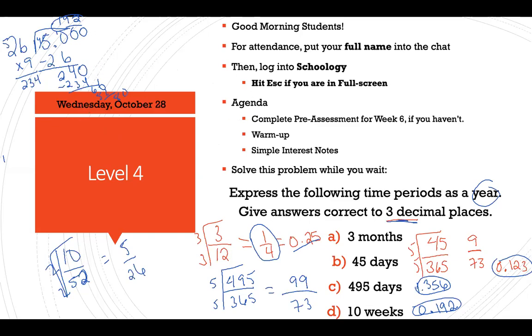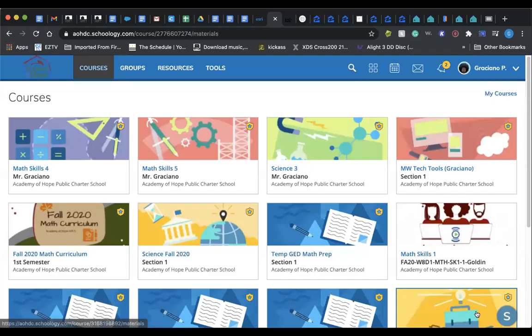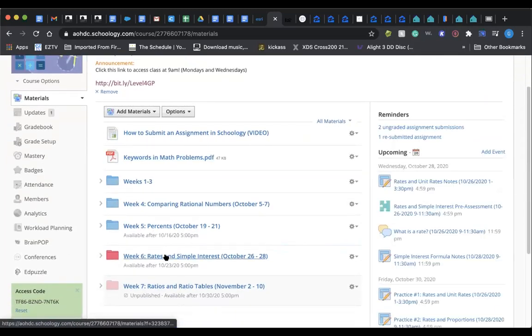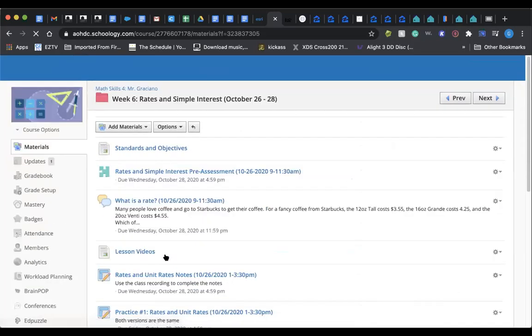All right, so you should be in your Math Skills 4 folder. Week 6, rates and simple interest.